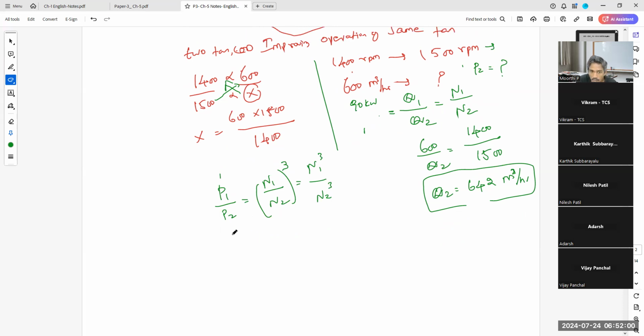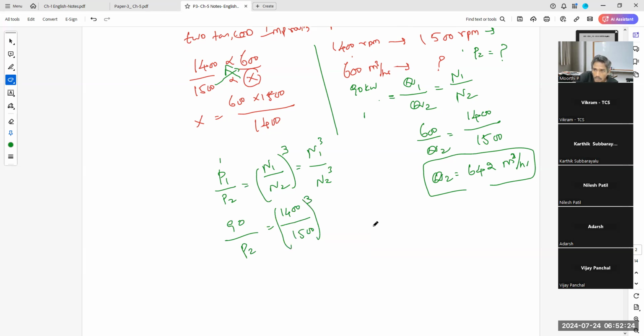Power, here power one is 90 kilowatt. Power 2 we need to find out. N1 how much? 1400. N2 1500. This is a whole cube. Nilesh, Vijay? Yes, sir. You are doing the calculation?